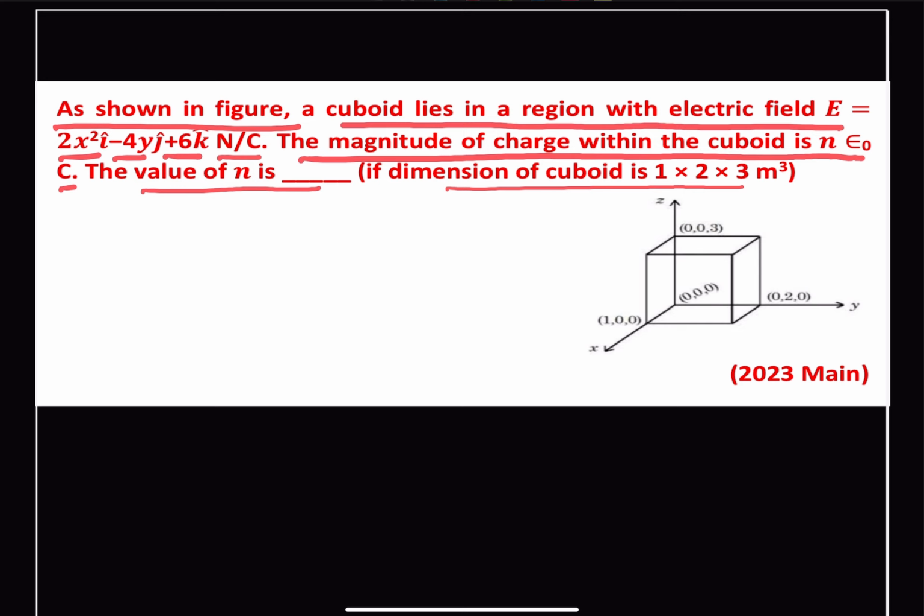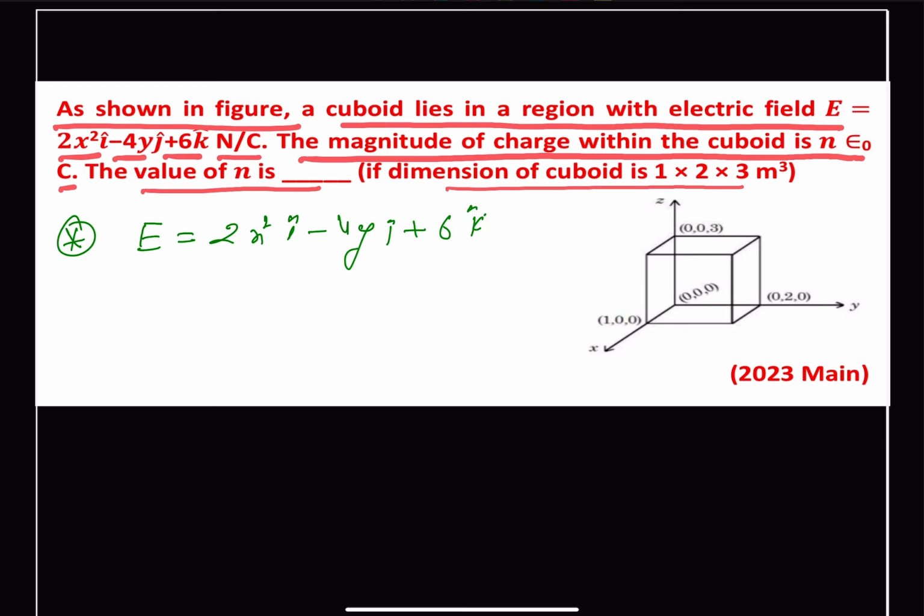We are given the equation for the electric field: E is equal to 2x square i plus 4y j plus 6k unit vector.